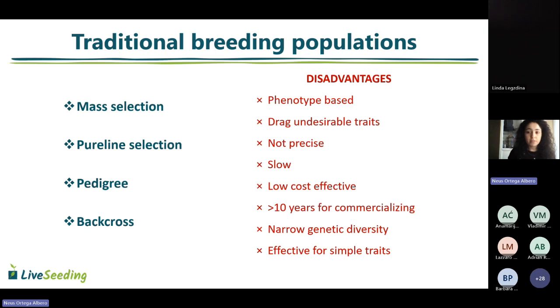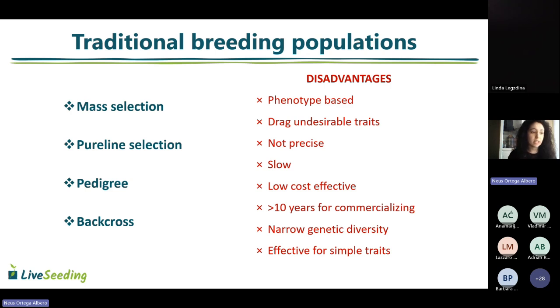Although these methods have been widely used for decades, for centuries, these methods also present some disadvantages that we need to take into account now that we know more about how the breeding process works and what we need to do in future breeding programs.